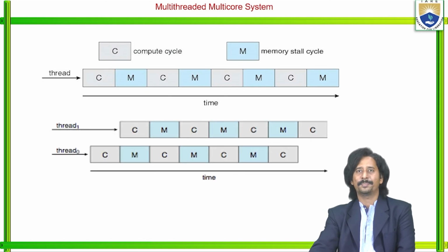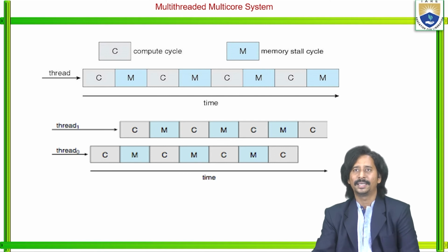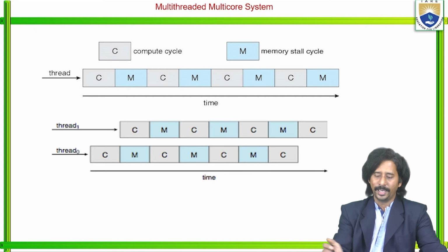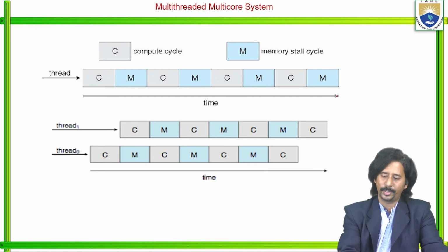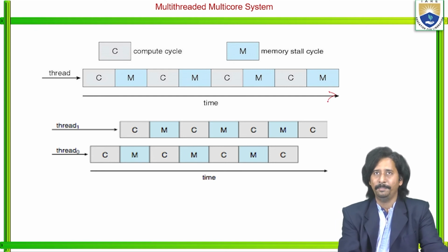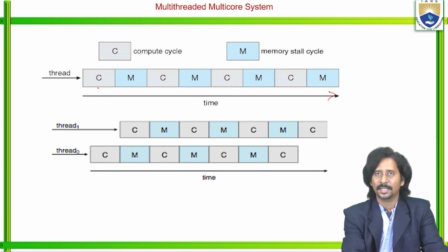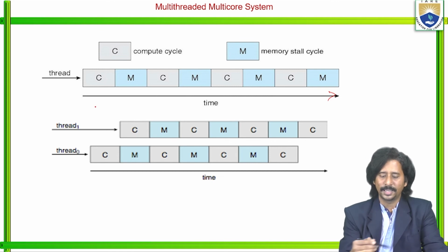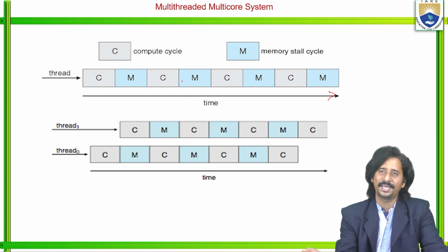See here, this is an example of a multi-threaded multi-core system. The x-axis is measured with respect to time. Here C represents the compute cycle, whereas M represents the memory stall cycle. In case of the single threaded model, we have compute cycle, memory cycle, compute cycle, memory cycle in serial fashion.